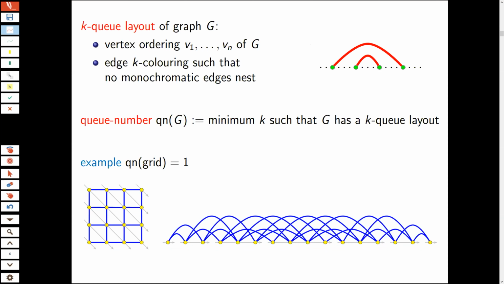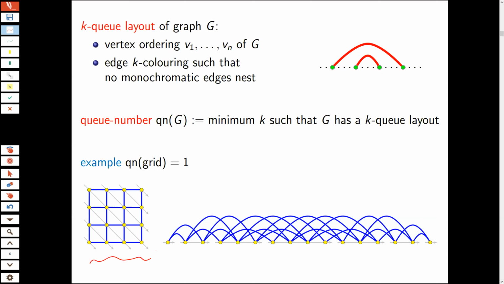If you order the vertices by the sort of diagonal sweep, as shown in the figure on the left, then in fact no two edges nest. You can see this because between any two of those consecutive gray lines in this picture here, the edges don't cross. And that means when you put those sort of tracks side by side, no two edges nest.